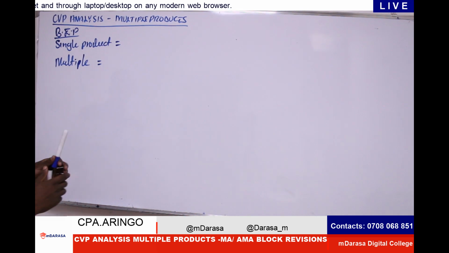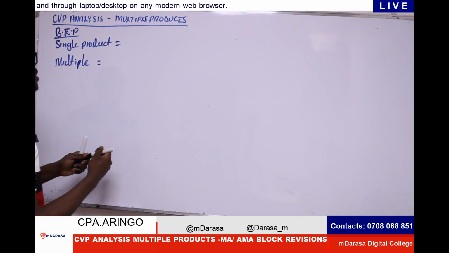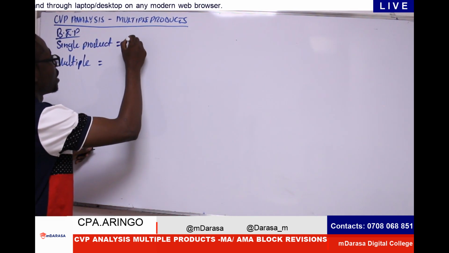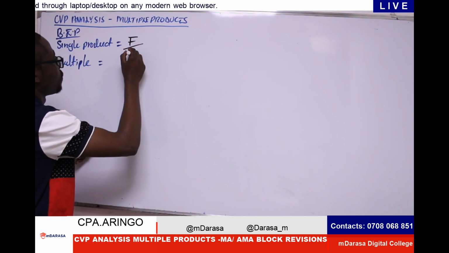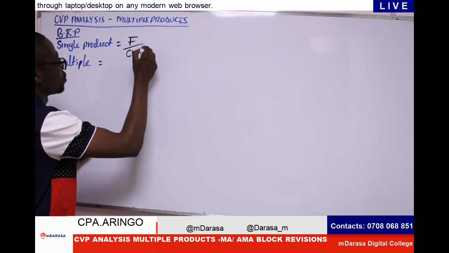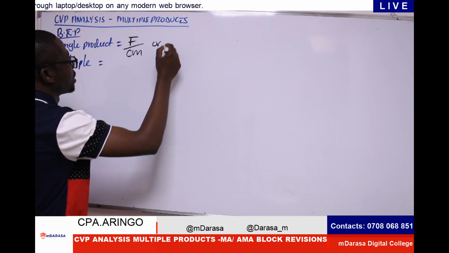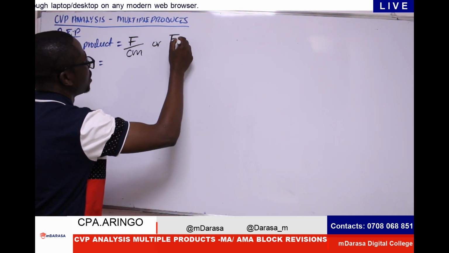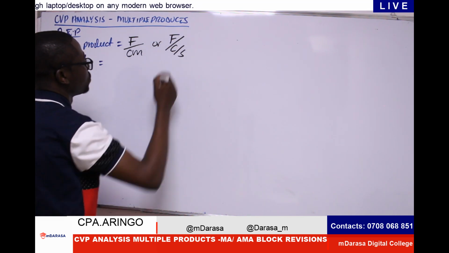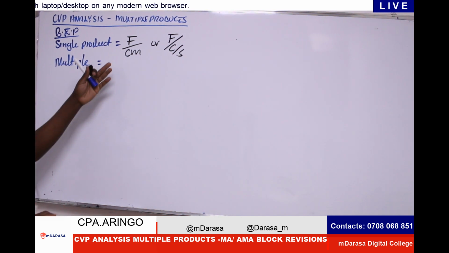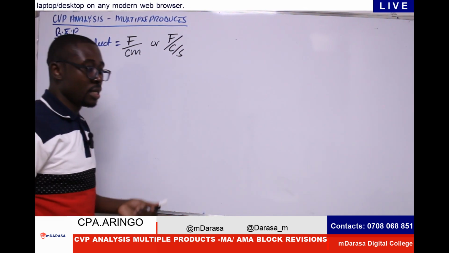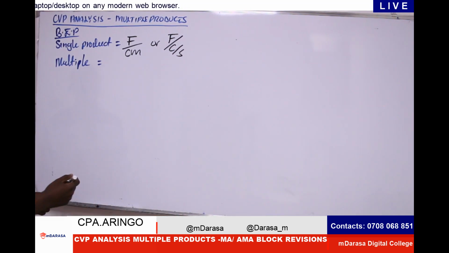For a single product, remember break-even point in units is fixed cost divided by contribution margin, or in value, fixed cost over CS ratio. Simply, you can take fixed cost over CM times your selling price.